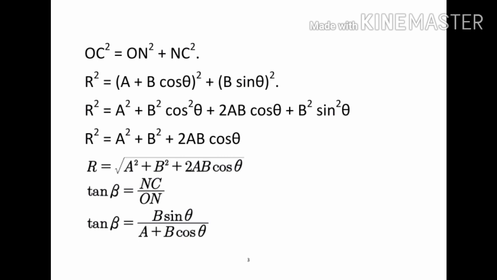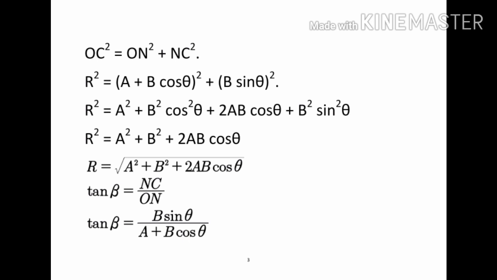In a similar way, to find the angle made by the resultant with A bar, again we take the same triangle OCN, and from that triangle we can find tan beta, which is equal to NC by ON. NC is equal to B sin theta and ON is equal to A plus B cos theta from the diagram.